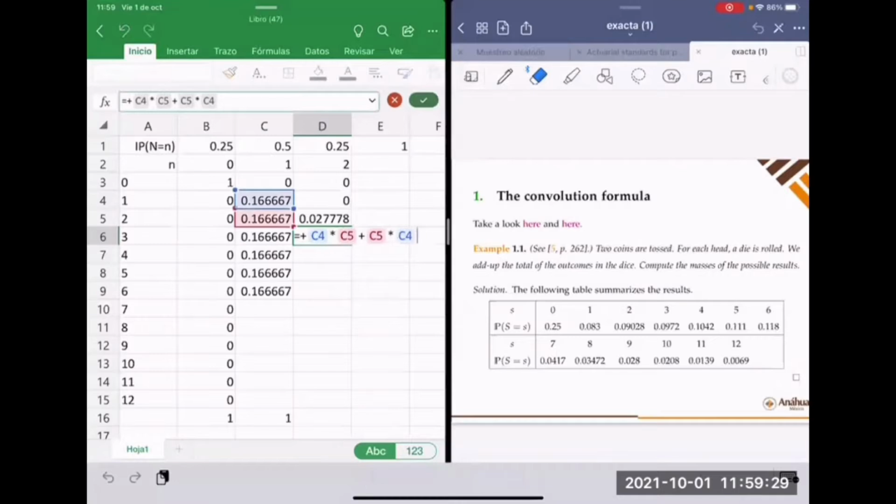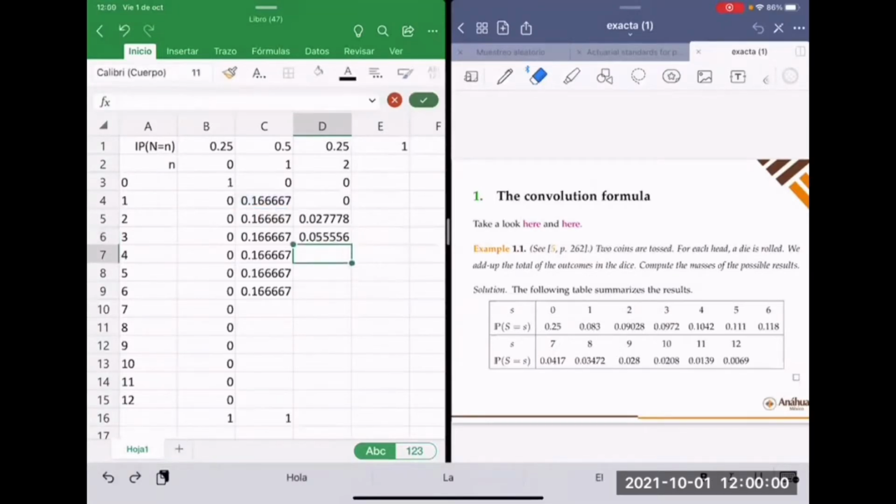And you see, when I say and, I use the times operator. And when I say or, I use the plus operator.